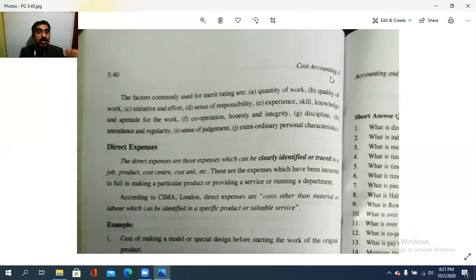How the worker cooperates with the other workers, how honest he is, how his integrity is, how he is disciplined, how the attendance and regularity are, how he judges the general things, and also some other extraordinary personal characteristics. So based on these factors, the rating or grading of the employees is to be done.